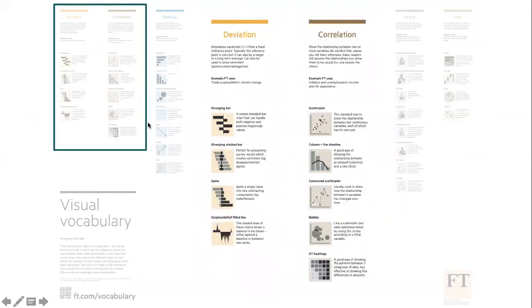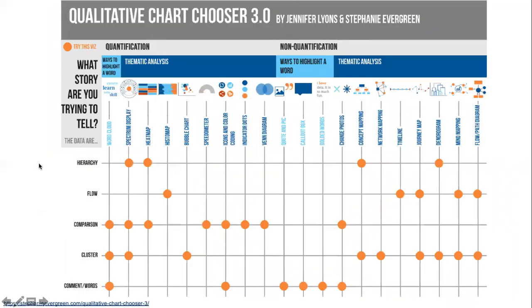And then underneath each one, it just has different visualizations that are included under those categories. And if you tuned in last month to talk about qualitative data, you may remember that Elizabeth mentioned the qualitative chart chooser from Stephanie Evergreen. And this helps you choose visualizations for different things you may want to say about qualitative data.